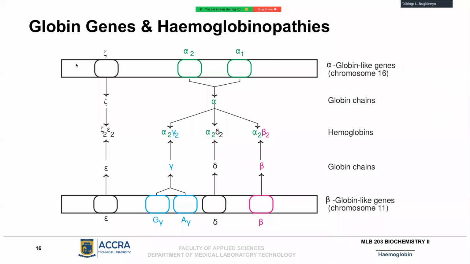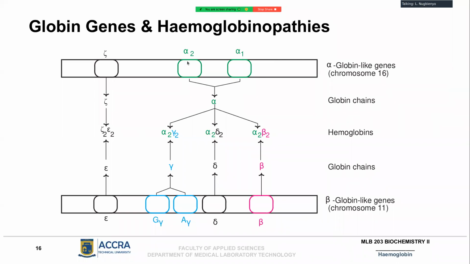Those alpha globins are coded for on a gene. So in a DNA strand, you have some sequences of nucleotides which will be responsible for the synthesis of these alpha chains. So we have here these genes coding for alpha chains.